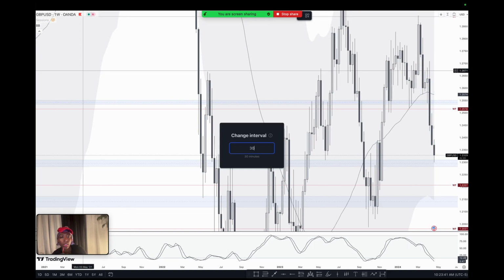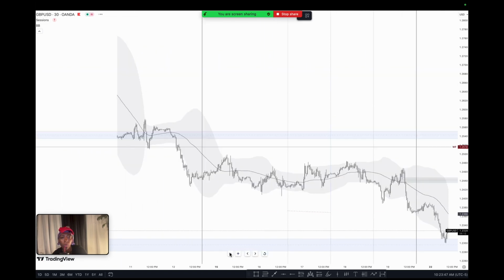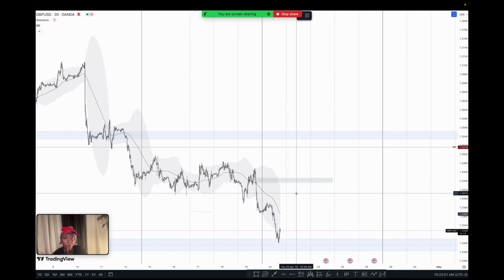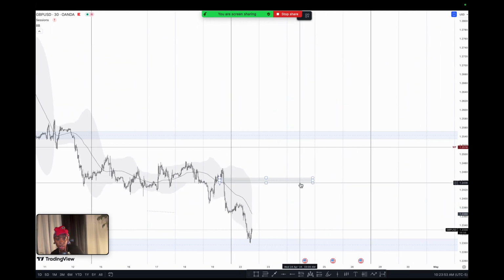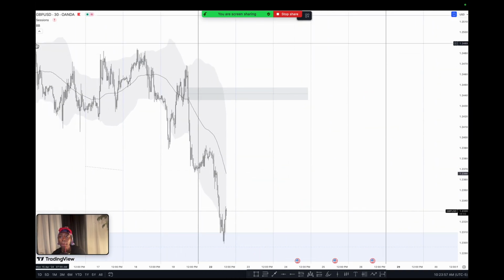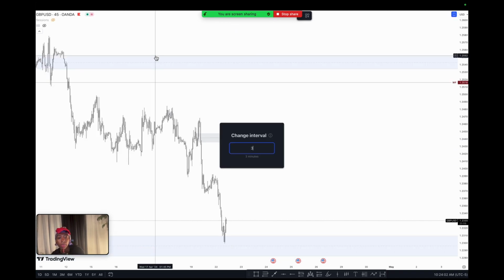Now this. Now, if we are in for this uptrend move, for our targets to be right here, I want Tuesday to take out Monday's low. That's what I want.